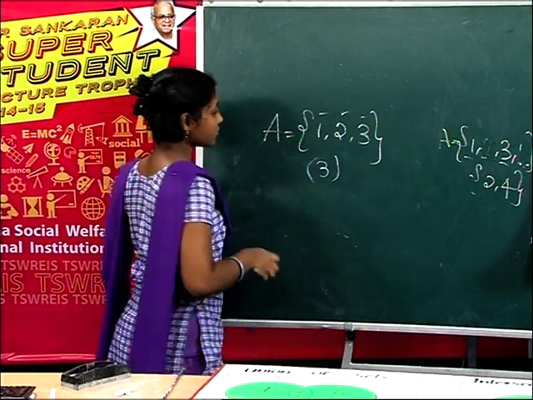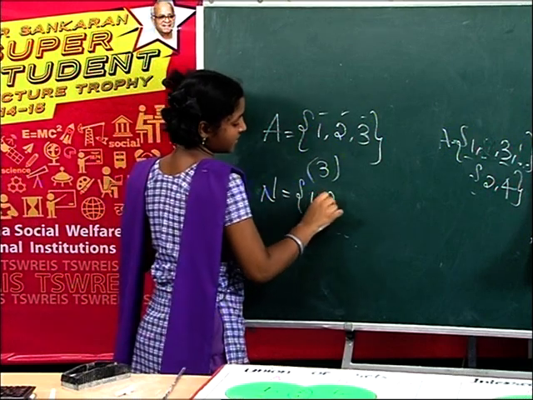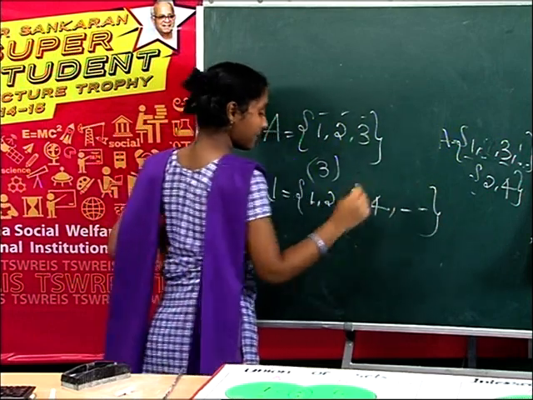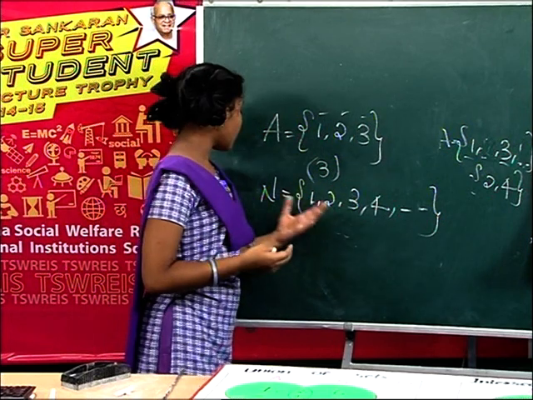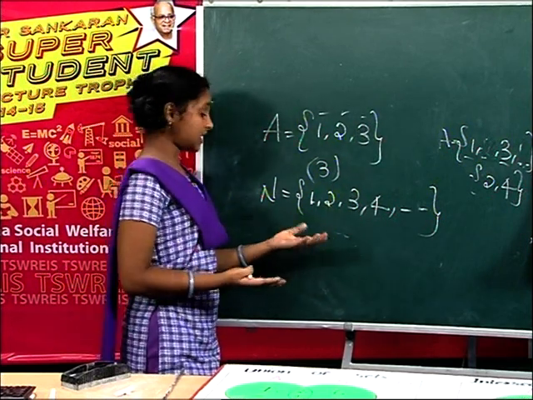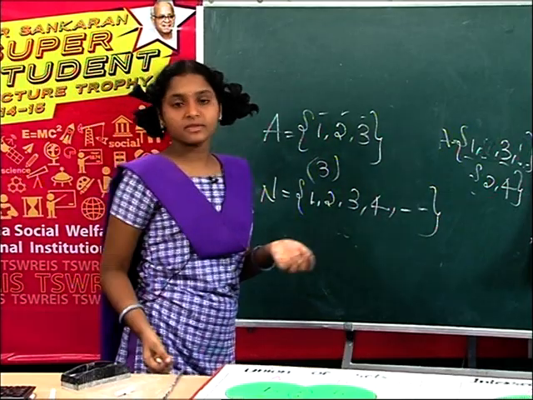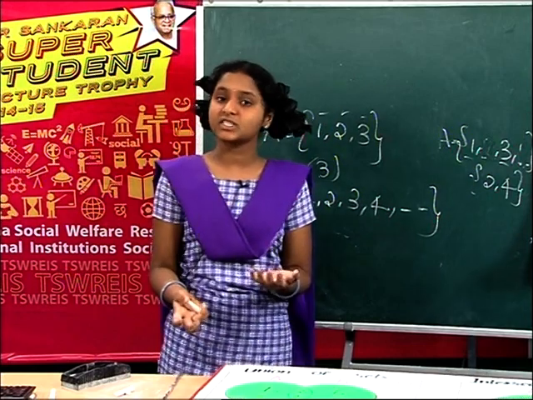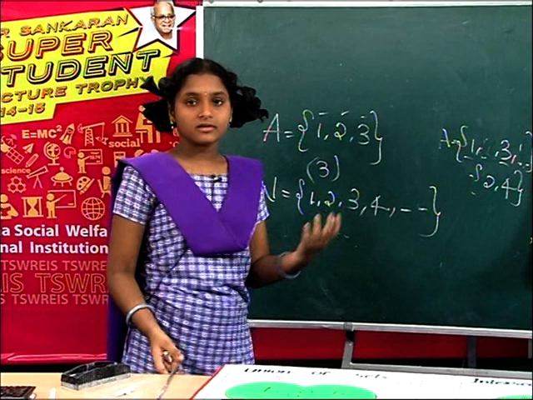If I ask how many natural numbers there are, can you say? No, because we cannot say how many elements are in the set of natural numbers, because they are infinite. The definition we can use is that a set which is finite is called a finite set.